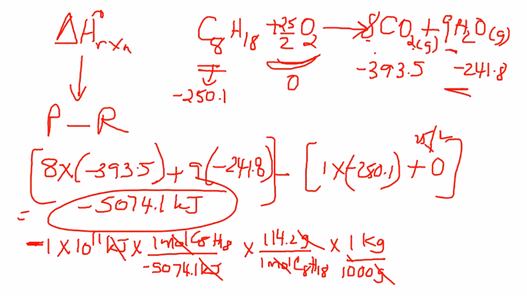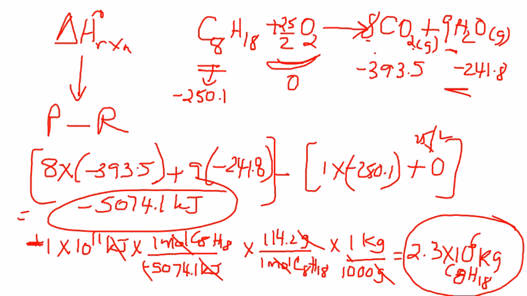When you solve this, the negative and negative will cancel, and the answer comes out to be 2.3 times 10 to the power of 6 kilograms of octane, C8H18. So we will require 2.3 times 10 to the power of 6 kilograms of octane every day to be able to run the energy demands of this city.